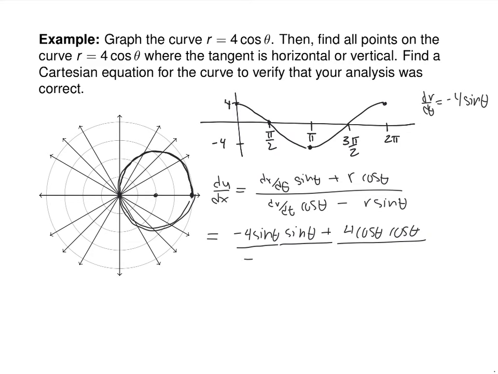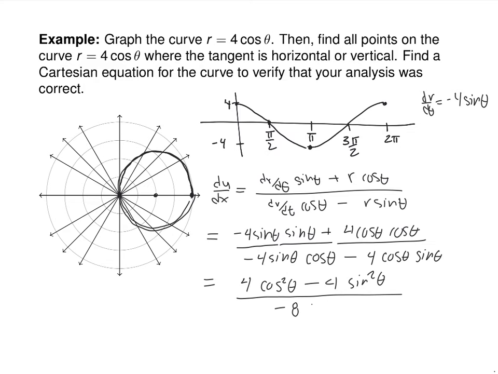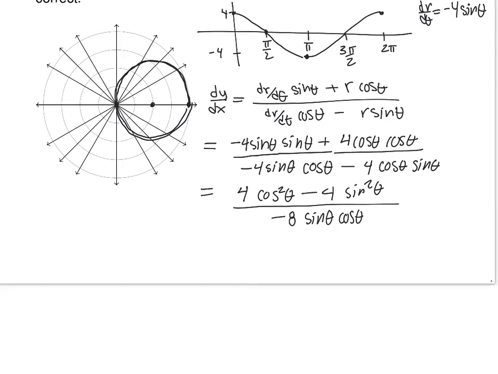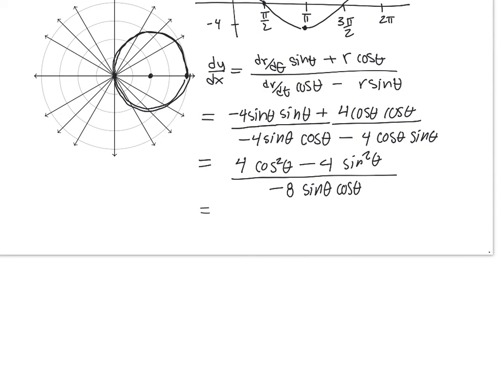All that over negative 4 sine theta times cosine theta minus 4 cosine theta sine theta. So that gives us 4 cosine squared theta minus 4 sine squared theta over negative 8 sine theta cosine theta, which is the same thing as cosine squared theta minus sine squared theta over negative 2 sine theta cosine theta.